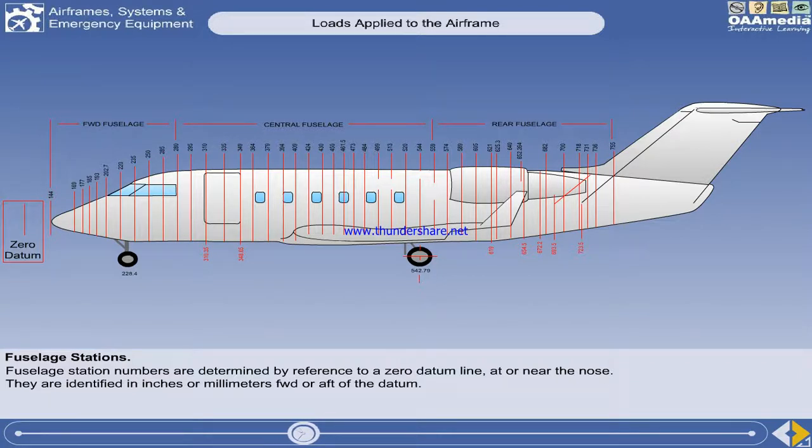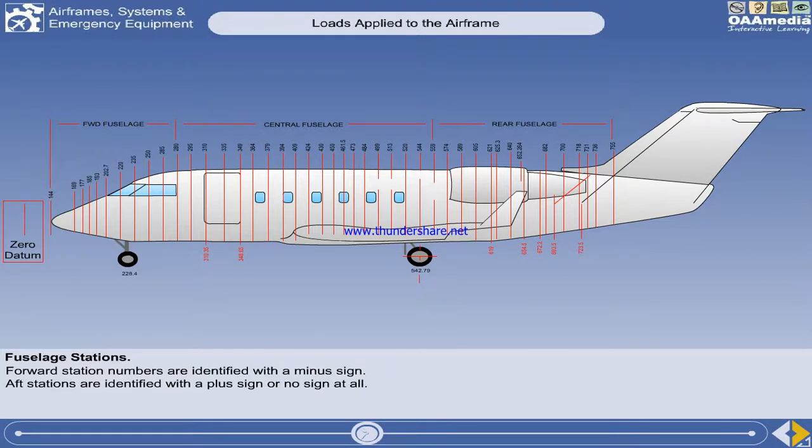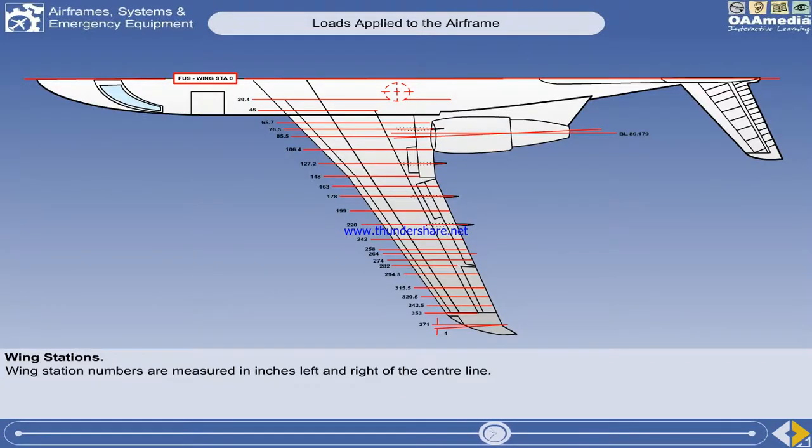Station numbers are identified in inches or millimeters forward or aft of the zero datum. Stations forward of the datum are identified with a minus sign and aft with a plus sign or no sign at all. In this installation, they are all aft of the datum, so no sign is used. Wing station numbers are measured in inches left or right of the aircraft centerline.